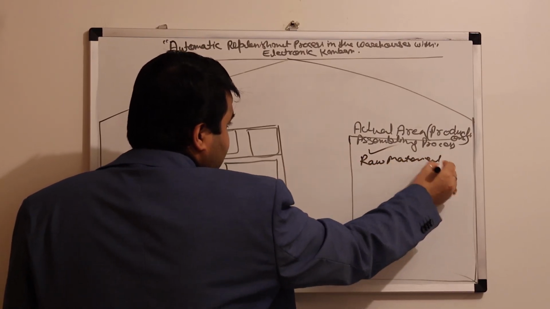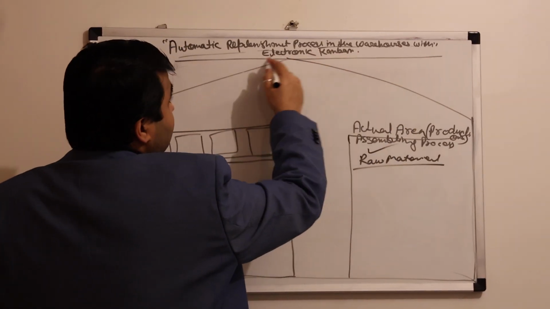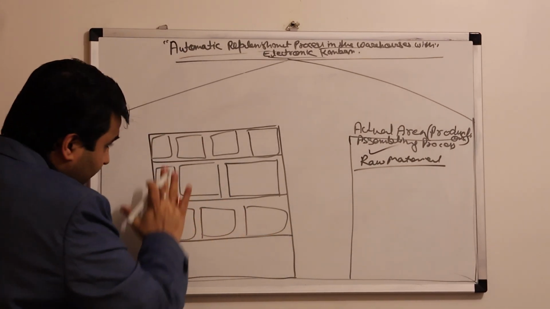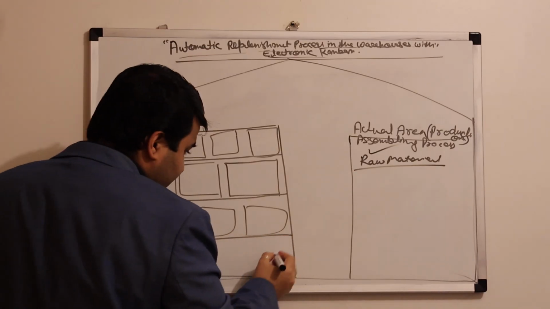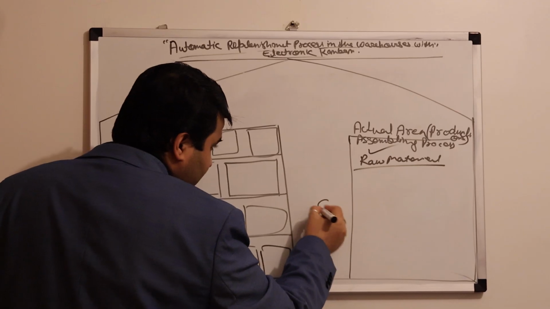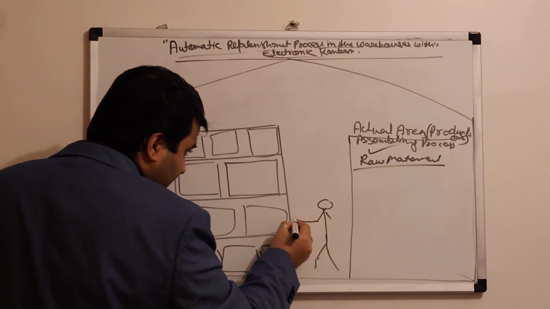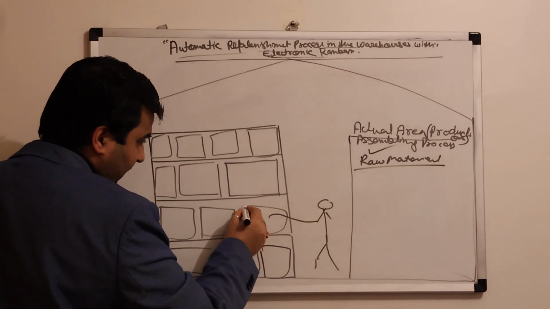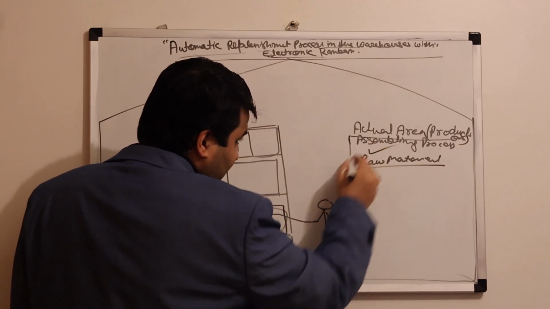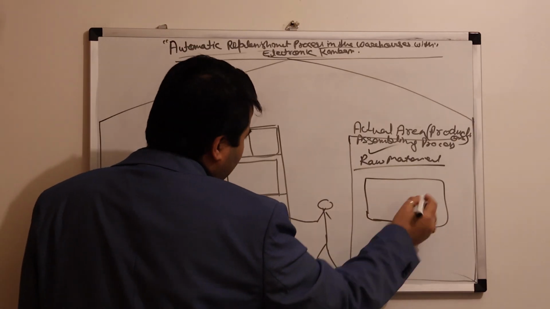See how the real-time business happens with the automatic replenishment process in the warehouses with the electronic Kanban. So this is our bin. Now assume the warehouse worker comes and tries to pick the material from here, because this person or the business is required to assemble some product.